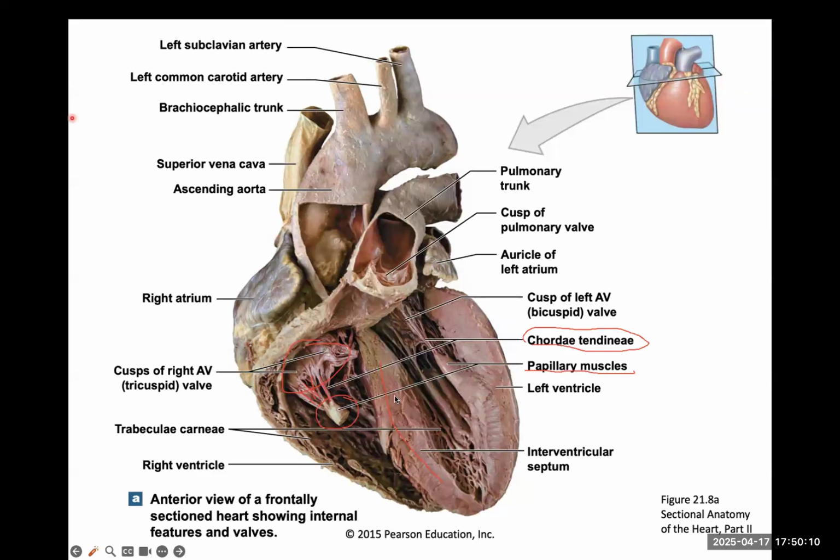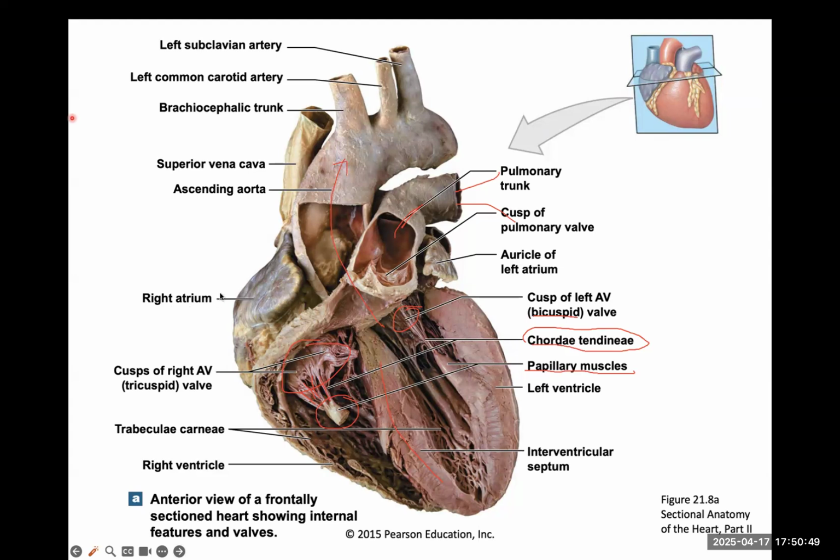Then you have your pulmonary trunk here, which branches out later into pulmonary arteries. It's called a trunk because it's branching out later. Then you have your aortic valve here. You have your bicuspid valve right here, and your aortic valve will be kind of down here. It's hidden, going to the aorta.